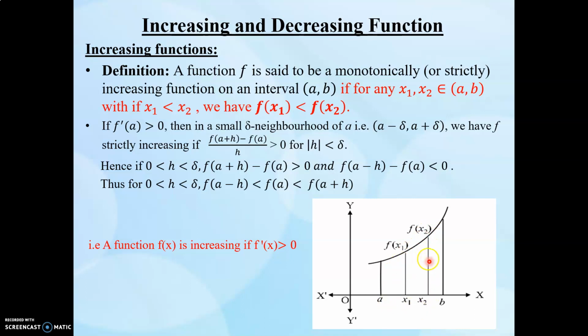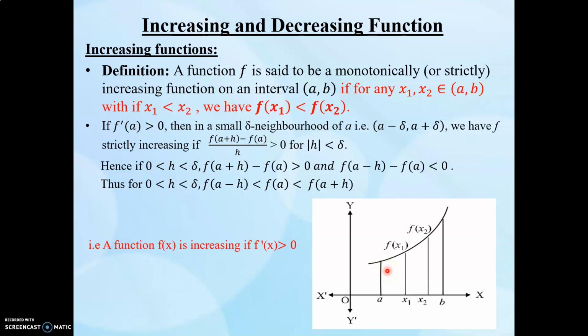So this kind of functions are called increasing functions and we can define this at any point. So if f dash a greater than 0, then in a small delta neighborhood of a, that is a minus delta on the left hand side and a plus delta on the right hand side, we have f strictly increasing if f of a plus h minus f of a upon h is greater than 0 for modulus of h less than delta.